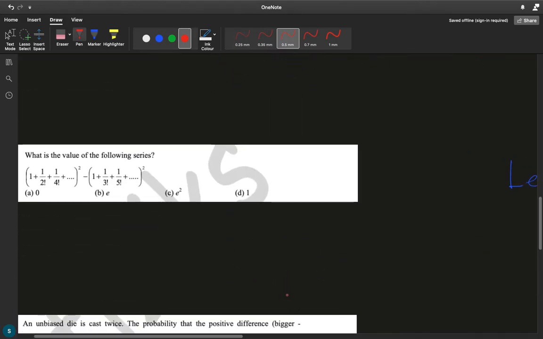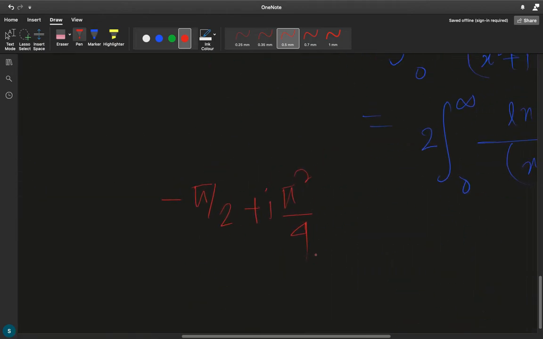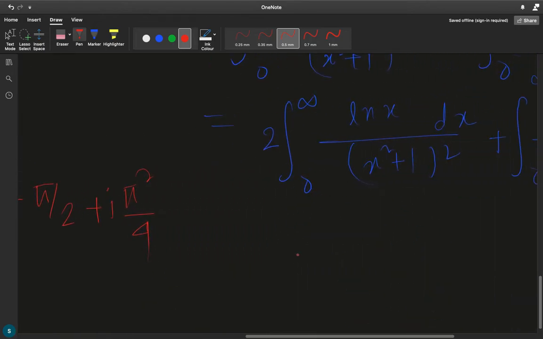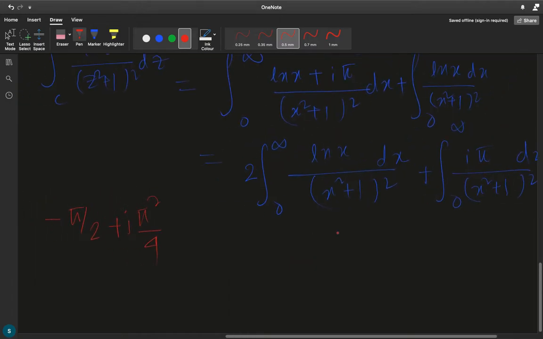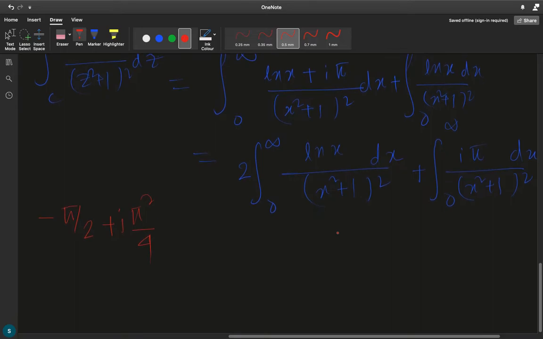As we can see, in the left hand side and the right hand side, the second integral is basically imaginary. So if we equate the real part and imaginary part, we will see that 2 times the integral of 0 to infinity ln x by (x square plus 1) dx is equal to minus pi by 2.